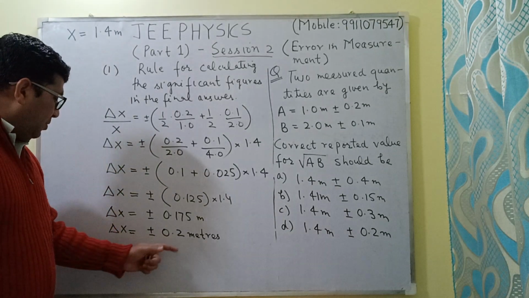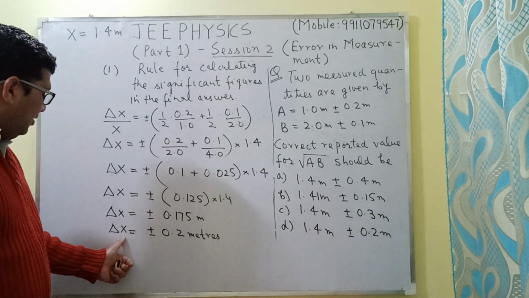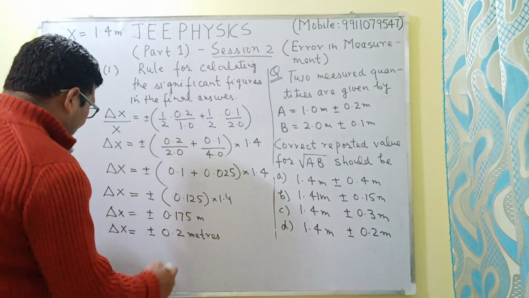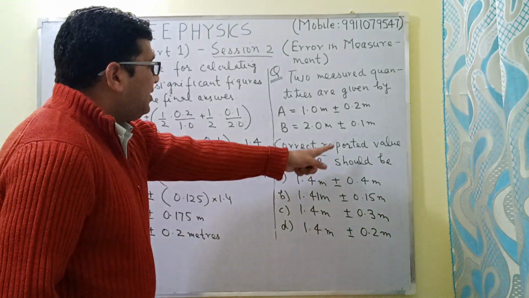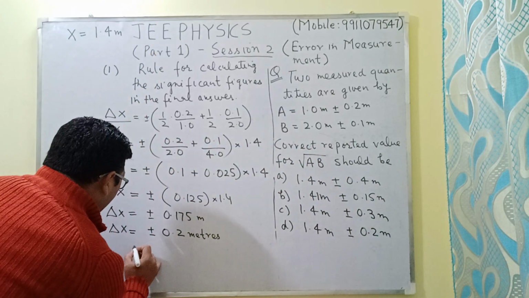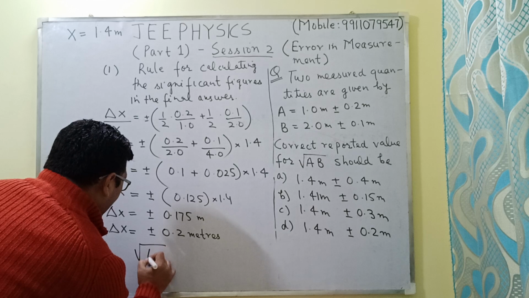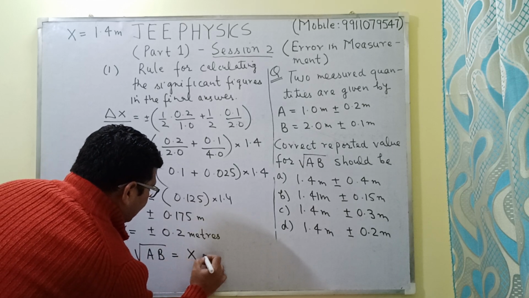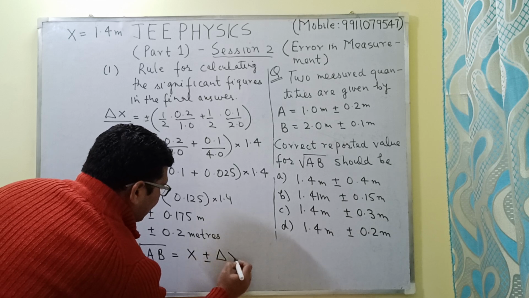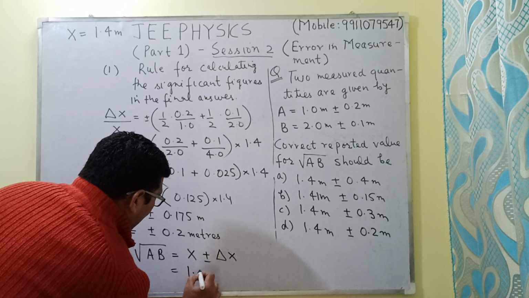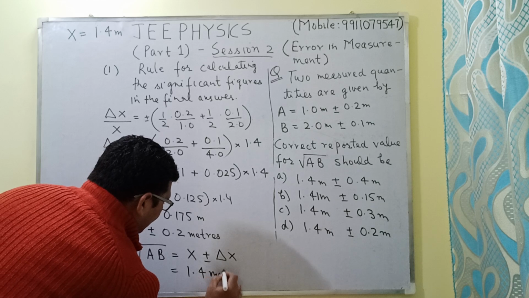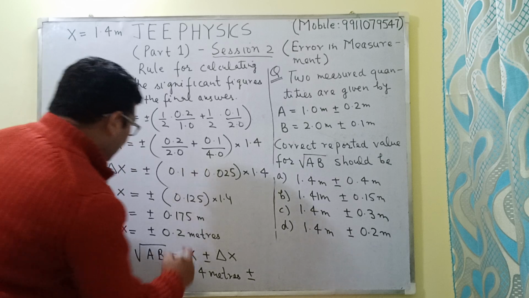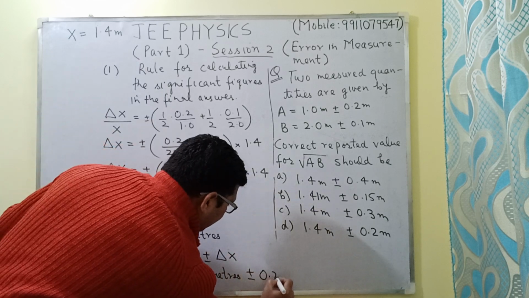So we have found the value of delta x also, and we have found the value of x also. So the correct reported value for under root AB will be equal to x plus minus delta x, and this is equal to 1.4 meters plus minus 0.2 meters.